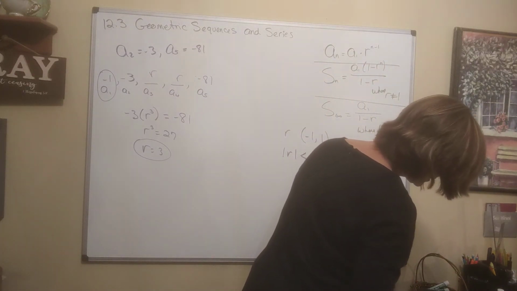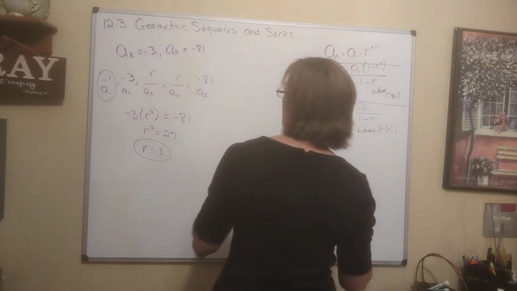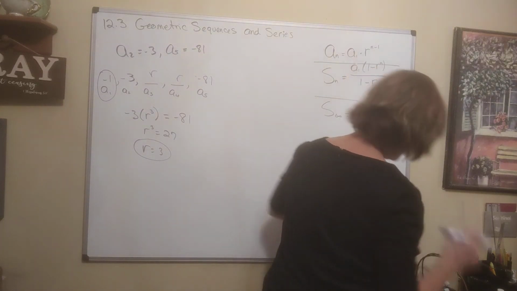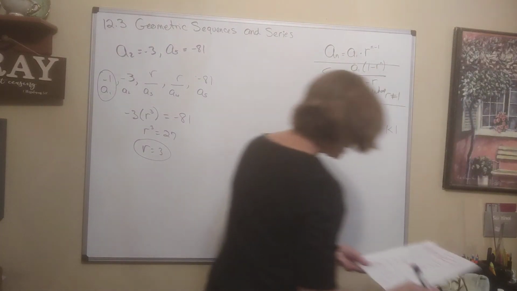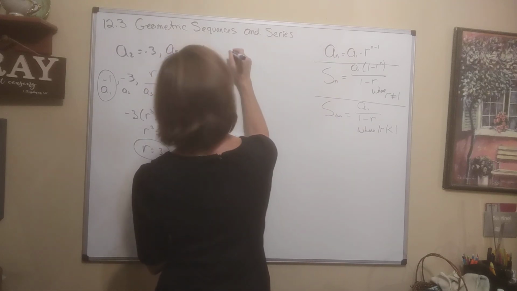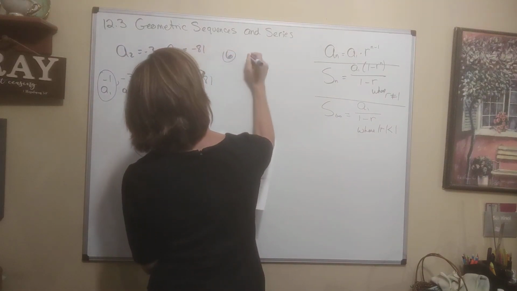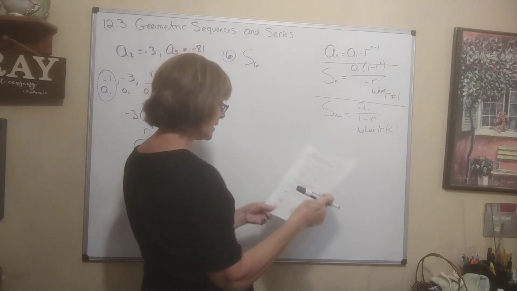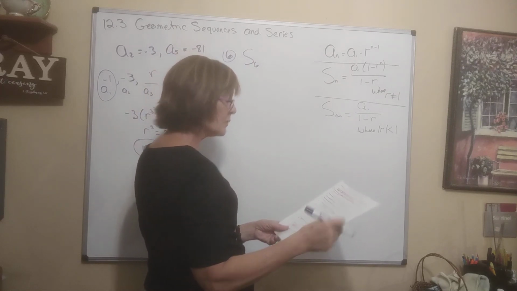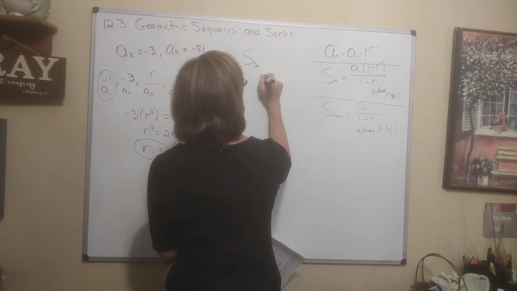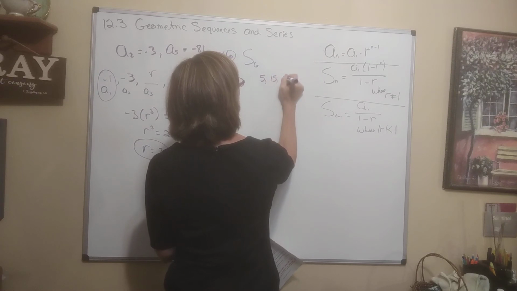So let's go ahead and do 6. Find the sum of the first 6 terms. So in other words, find S sub 6 of the geometric sequence 5, 15, 45.